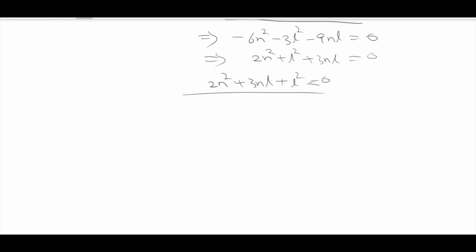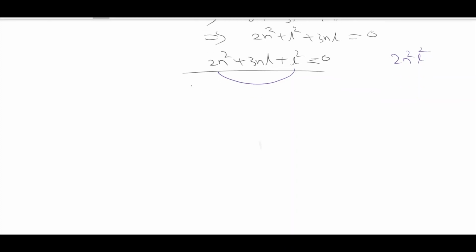And factorizing this, I have 2n square into l square. So multiplying these two, 2n square into l square, we can split it as 2nl plus 1ln. So 2n square plus nl plus 2nl plus l square equals to 0.